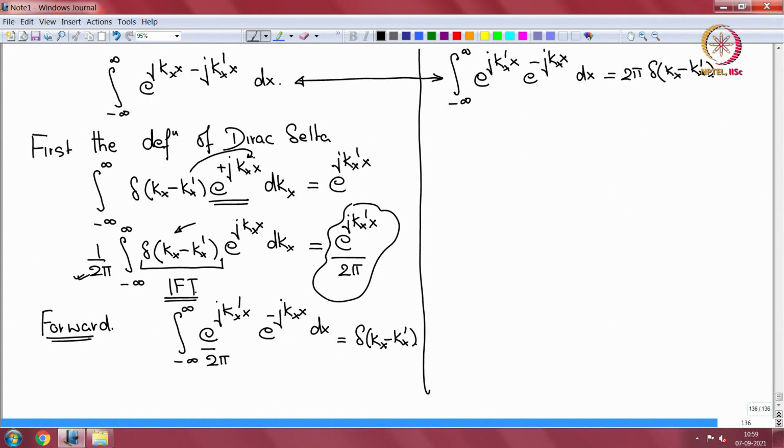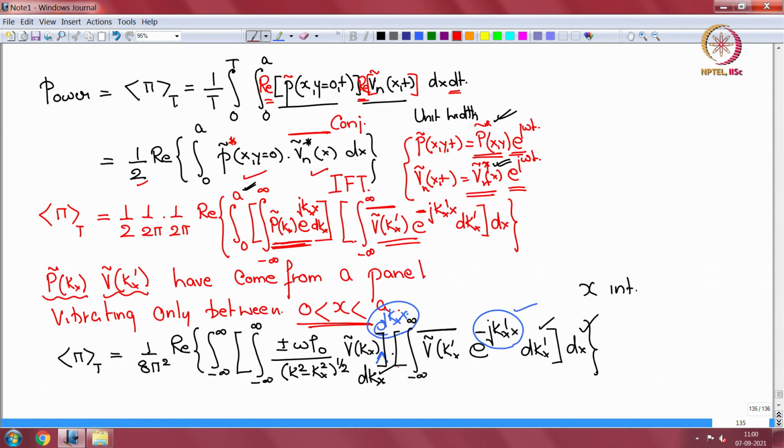So in the earlier integral, we had on the previous page, for this part of the integral we'll replace it by twice pi delta of kx minus kx dash, and we are left with two integrals, one on kx, one on kx dash, but this delta will force both of them to be together, so they will collapse to one integral. That means all will be kx's.